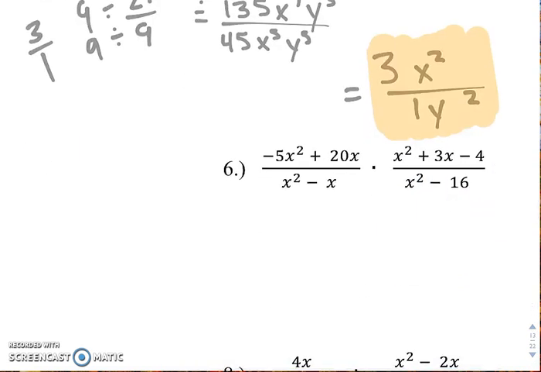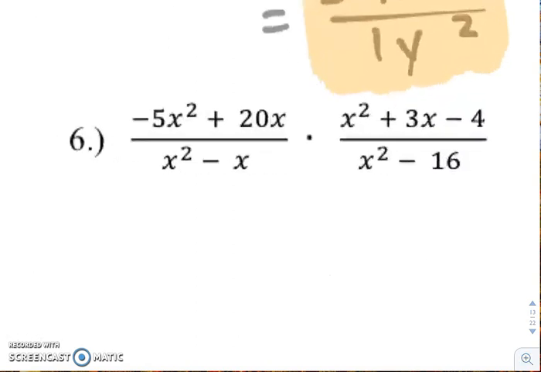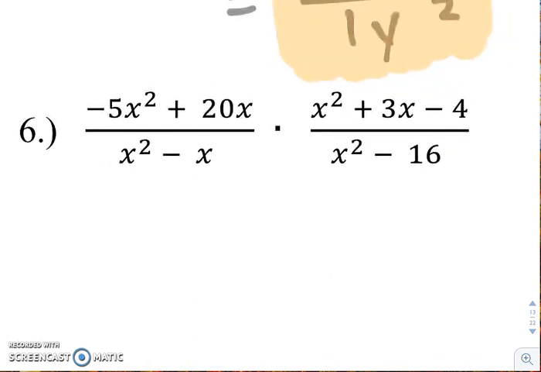If we're looking at 5 and 6, they are also multiplication, but now we've got pluses and minuses in there. So this is where we're going to have to practice the factoring like we just did on the first page. Number 6: negative 5x squared plus 20x over x squared minus x.